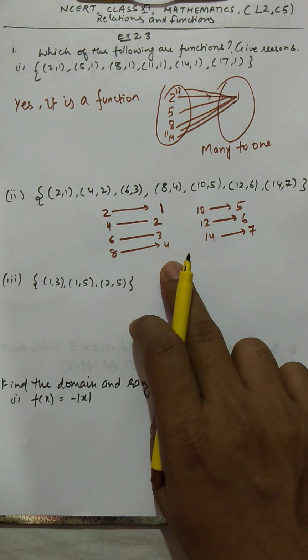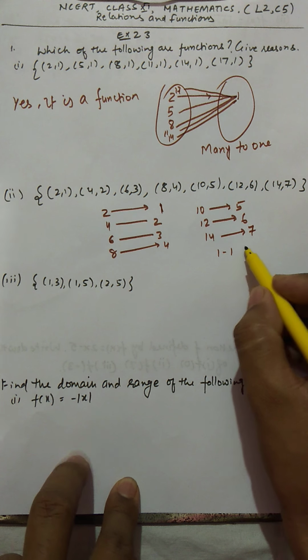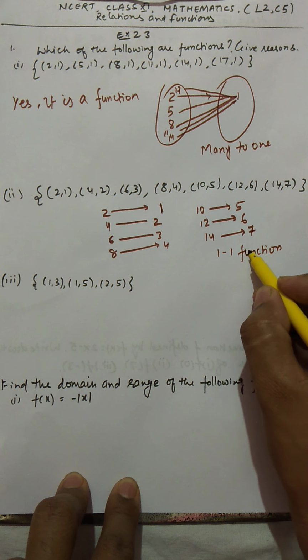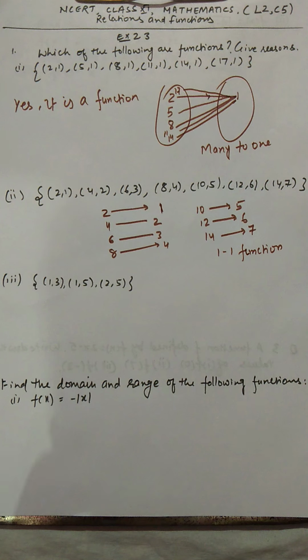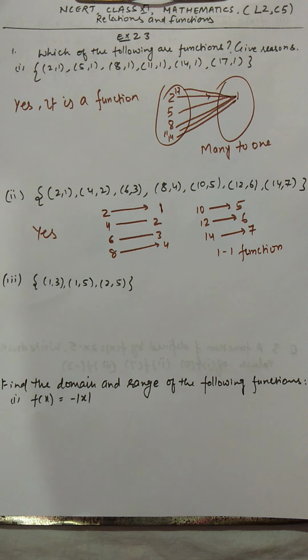So this way you can see that all elements have unique images. So this is one to one. Even any relation which is one to one, we say this is a function. So yes, this answer is also yes, this is a function.